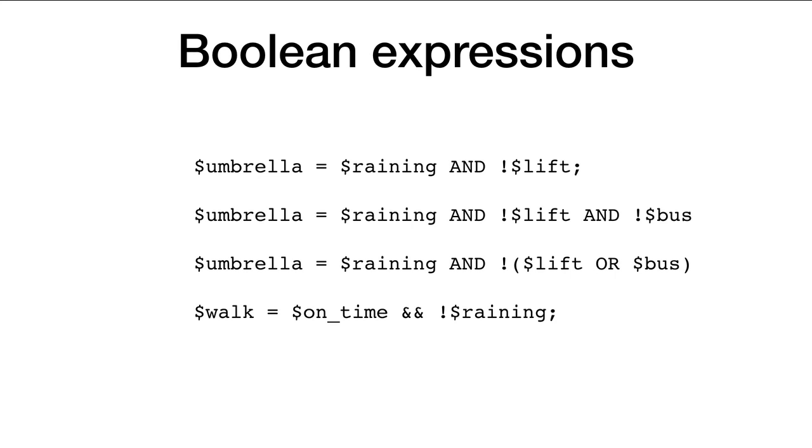So it's important to get your head round Boolean expressions. They're a very important part of programming, and you need to be able to specify precisely the scenario that you're thinking about.